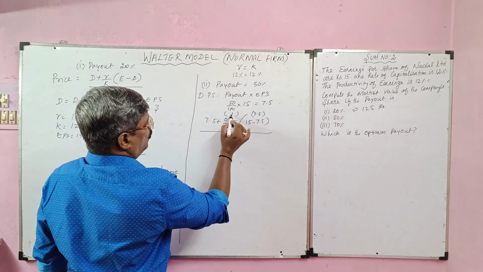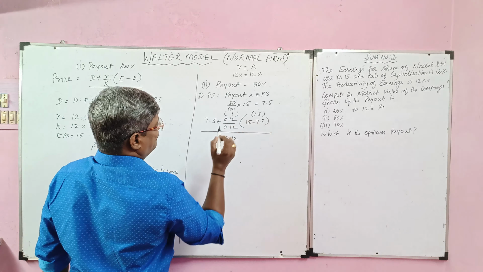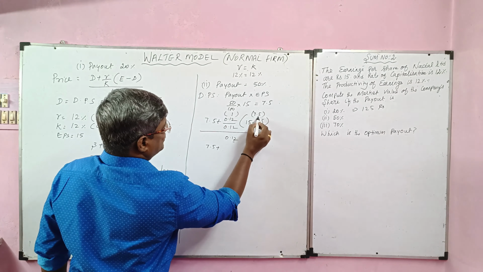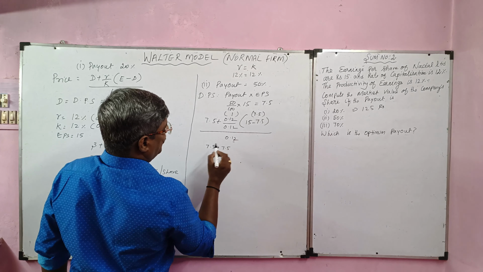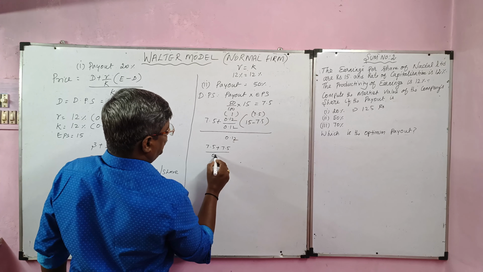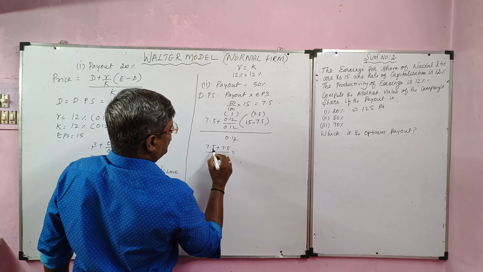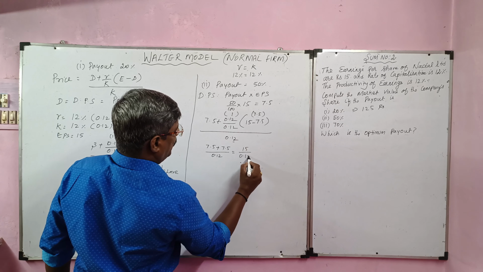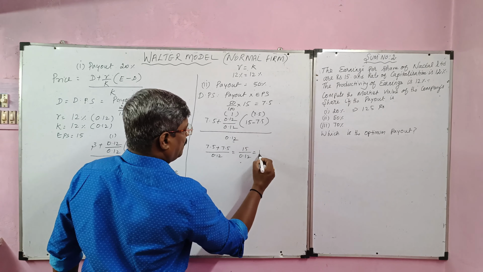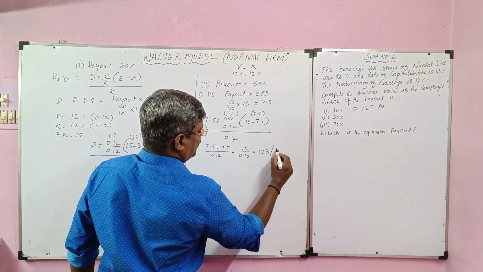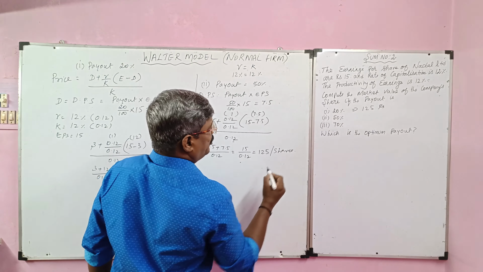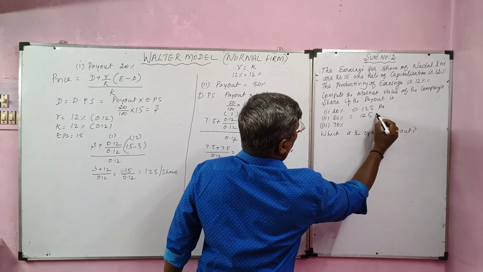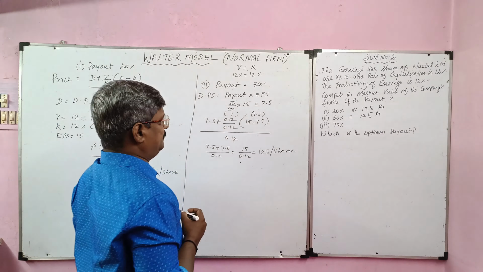First we have to multiply 1 with 7.5. So our answer is 7.5 plus 1 multiplied by 7.5, divided by 0.12. So here 7.5 plus 7.5 will get 15 divided by 0.12, we'll get 125 per equity share. So if payout ratio is 50%, we got 125 as market price per share.